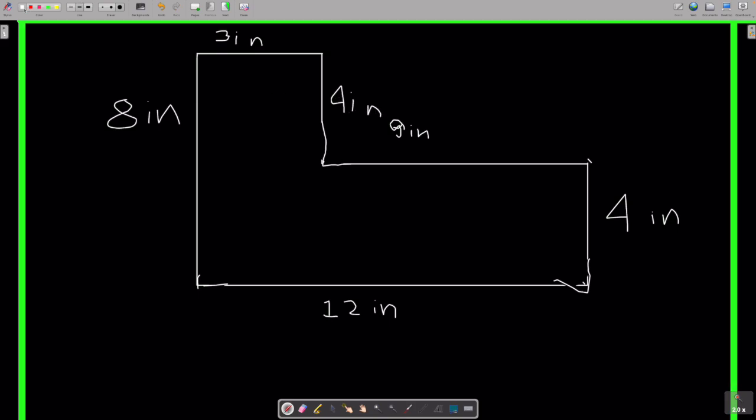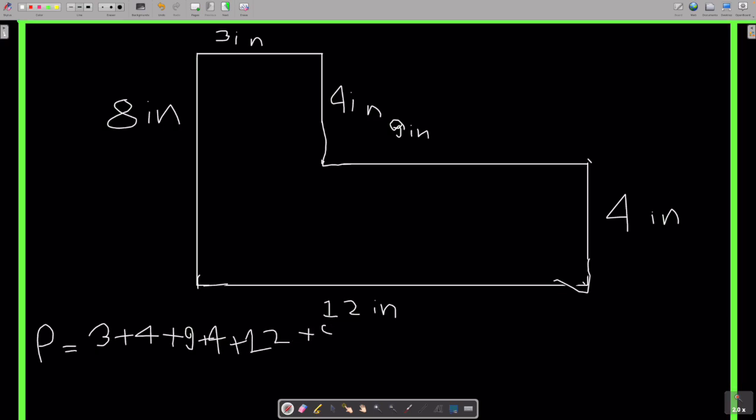Now that we know all of the sides, we can add them up. So the perimeter, let's call it P, of a compound shape like this or anything, is just adding all the sides. So we'll have 3 plus 4 inches plus 9 inches plus 4 inches again, and then 12, and then 8.